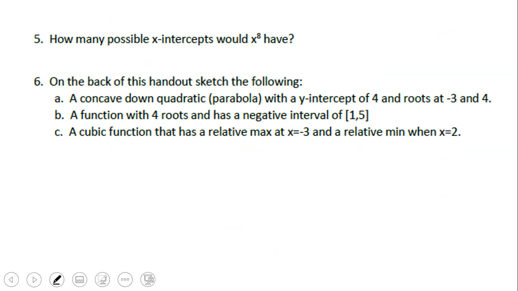Number 5, how many possible x-intercepts would x to the 8th have? Okay, think about what we've talked about. We said that a linear graph, which was x to the first power, had one possible root. We said that a quadratic, which was x squared, had 2 possible roots.